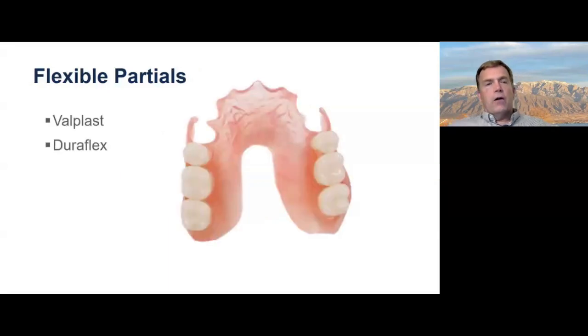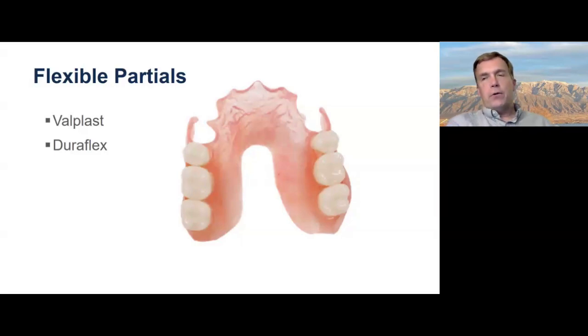Flexible partials have gotten more and more popular. They were first developed in the 60s. Valplast was the first one out, made out of a nylon material. Valplast is a great material. It's thin, it's light, it's almost invisible when it's in the mouth. It's difficult to adjust though, and it cannot be repaired because nothing sticks to it.